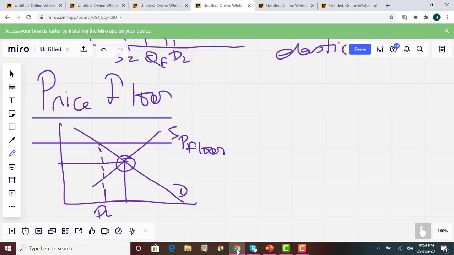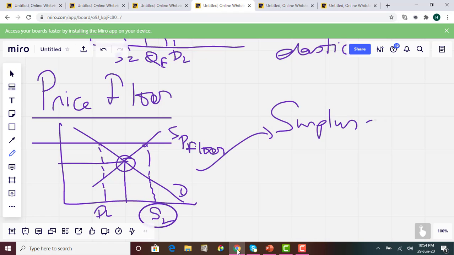On the other hand, if the suppliers are elastic, if there is an increase in price, the percentage change in supply will be at a greater percentage. So that's supply. So in this case, we have overabundance of supply and less demand. So we have a surplus situation, again, if consumers and producers are price elastic.